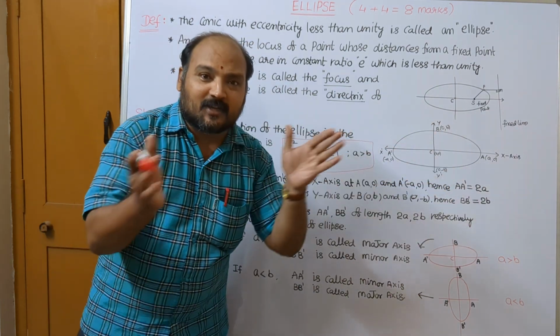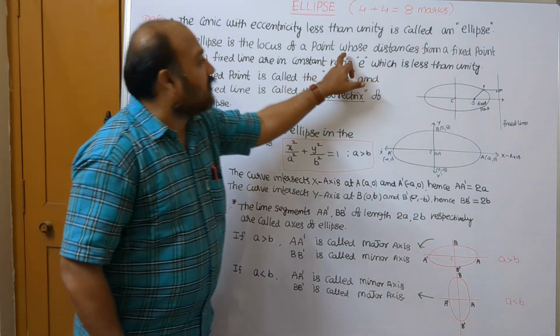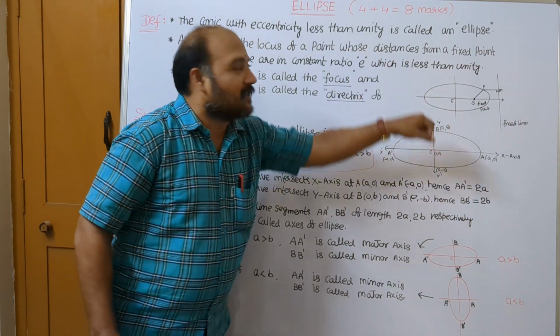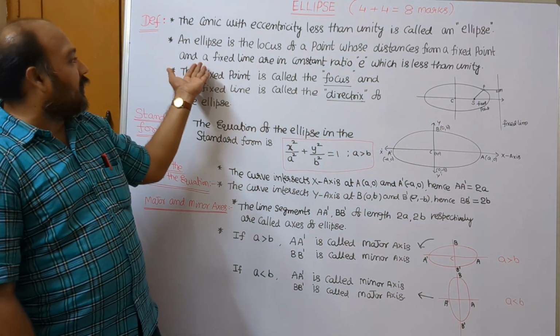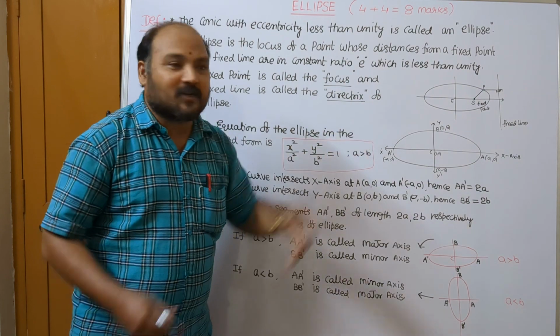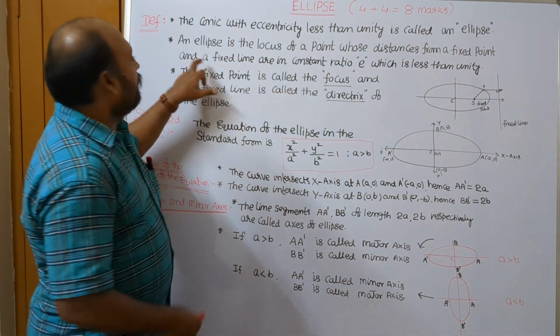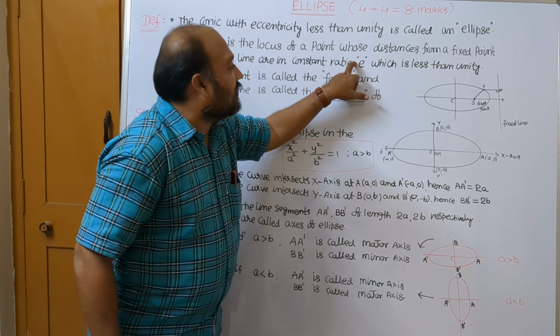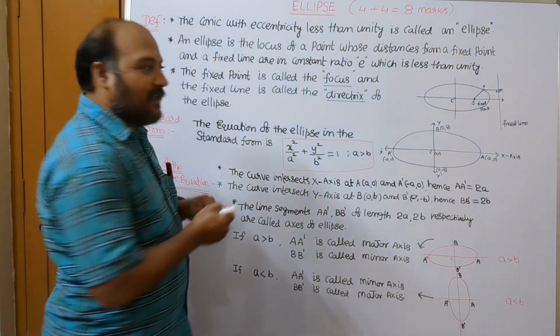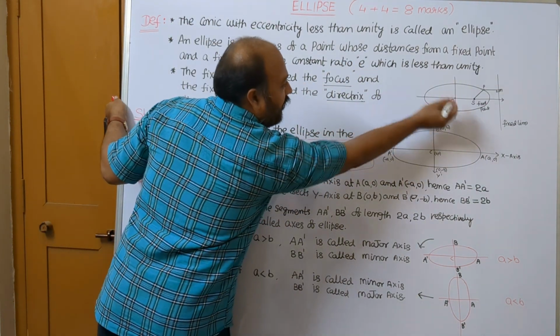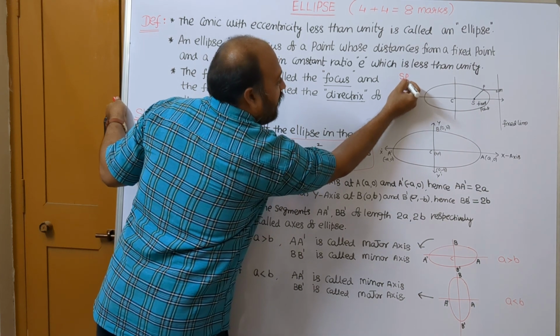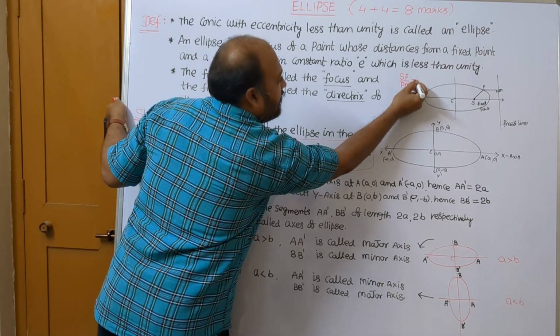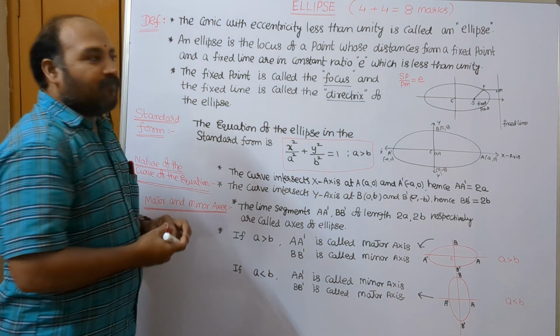These are the distances, whose ratio is constant, which is less than unity. This e is called eccentricity. So, according to the figure, SP by PM is equal to e.